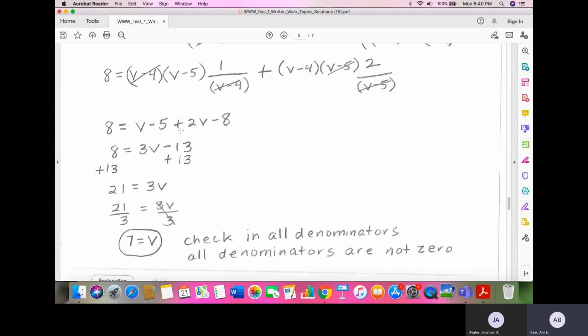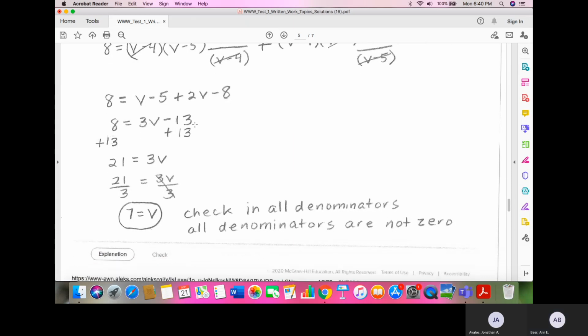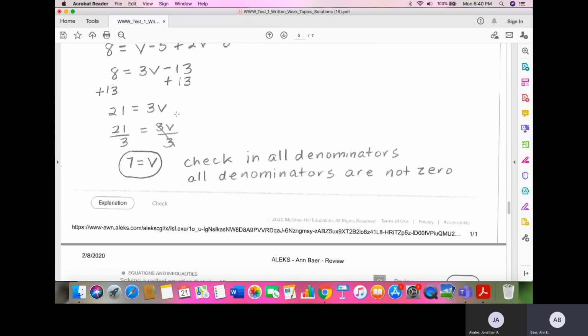We've got 1v here, 2v's here, so 1 plus 2 is 3v, minus 5 minus 8 is minus 13. Want to solve for v, so let's add 13 to both sides. That gives us 21 on this side, and just 3v on this side since this sums to 0. Divide both sides by 3. 3 divided by 3 is 1, times v is v. 21 divided by 3 is 7.